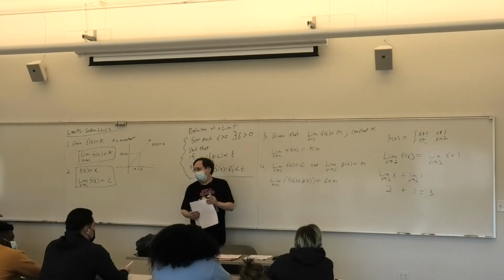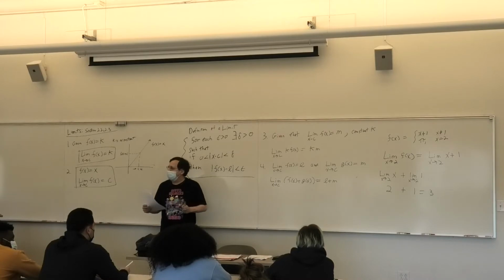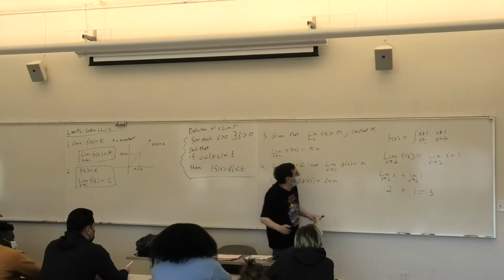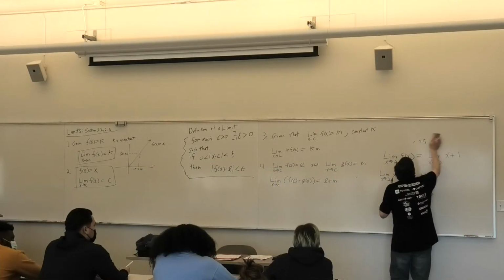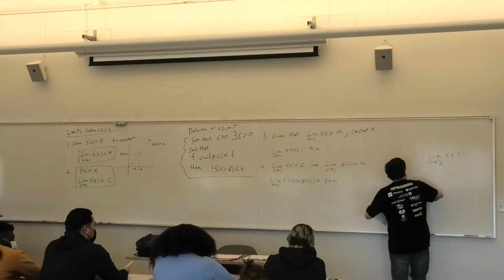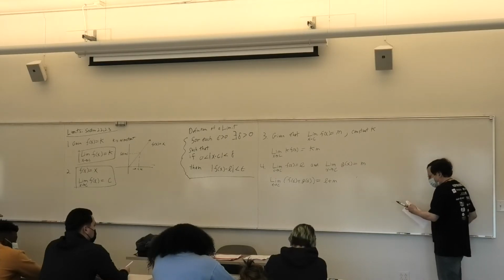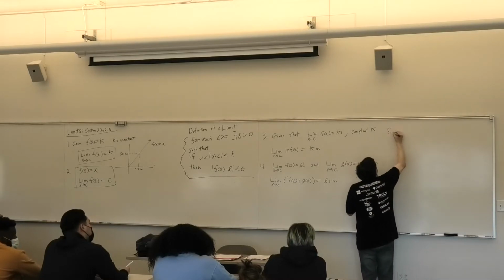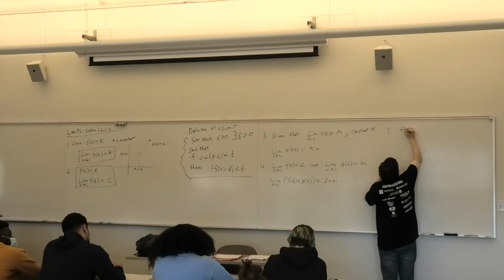Let's do something interesting. We're going to have a few more rules for finding limits. So let's just enumerate a few more rules that are going to be helpful. Number 5, product of limits.